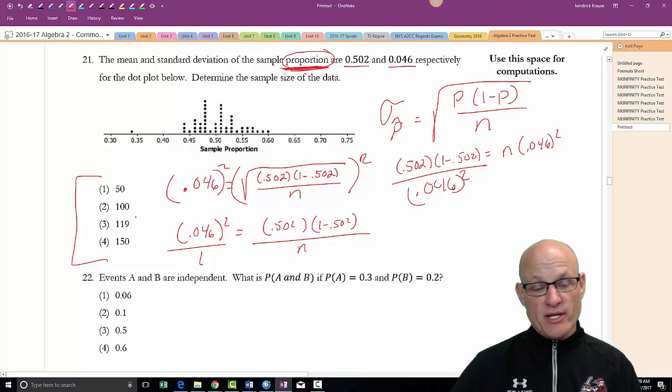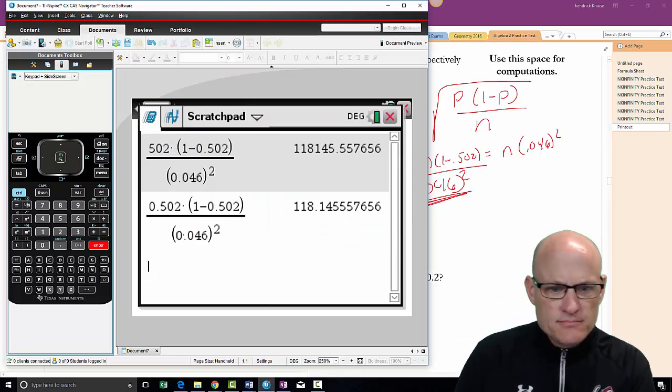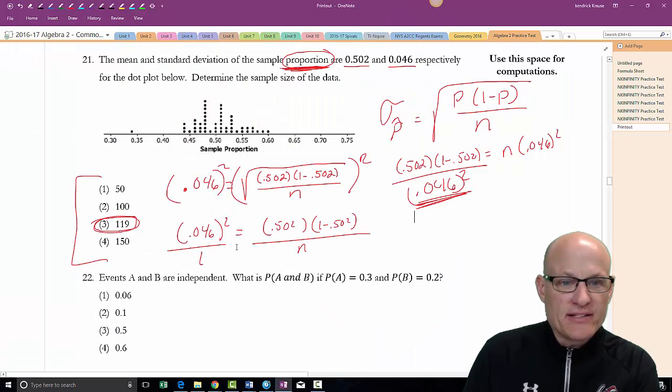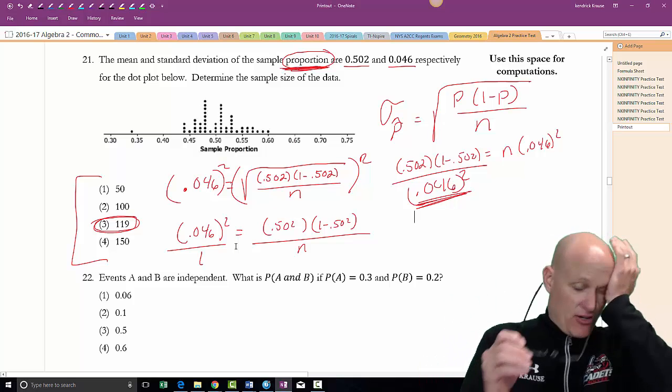So minimally you would need 119 in order to get that, because 118 won't give you that. 119 would be the sample size that would give you at least that standard deviation.